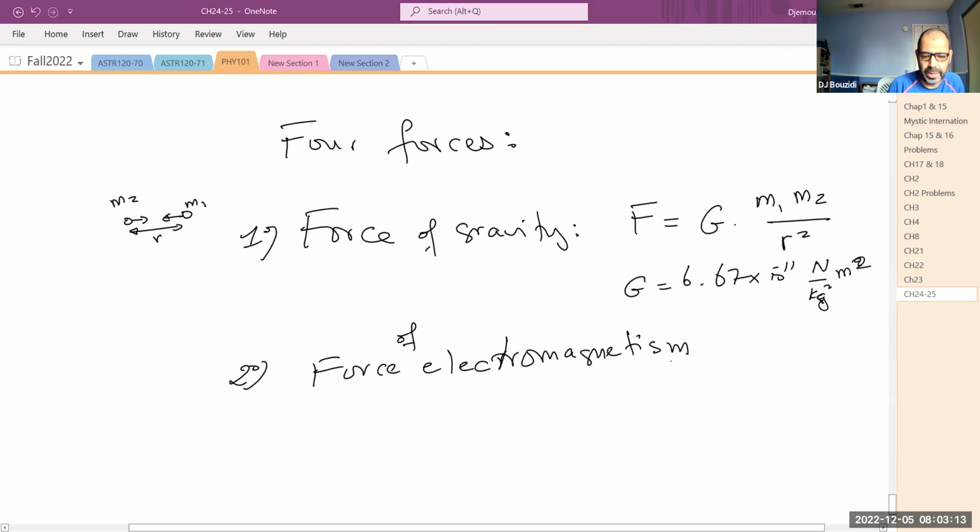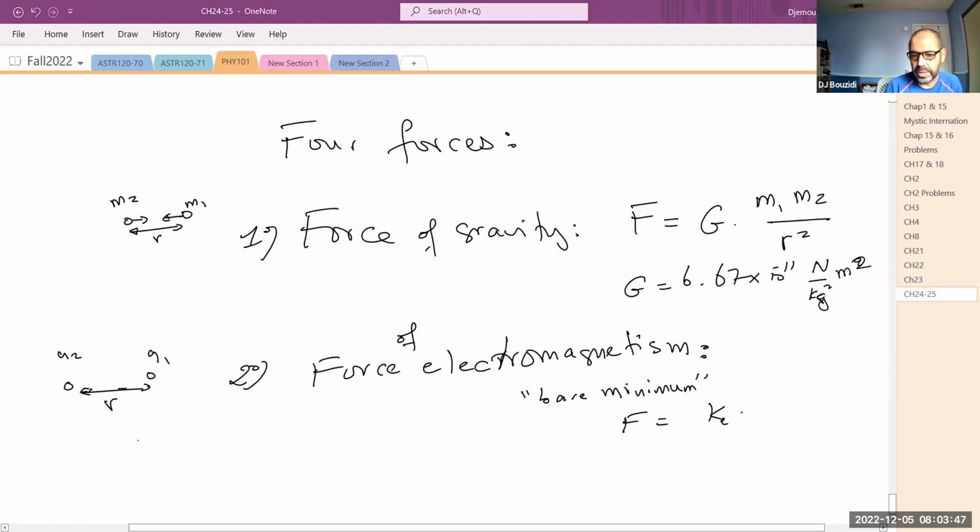Force of electromagnetism. So this is a bare minimum, not the whole picture. It is the electrostatic force that governs 2 charges, namely if I bring charge 1, Q1, in here, and charge 2, Q2, and the distance separation between them is also r. This force is proportional to a constant that depends on the medium where they are.